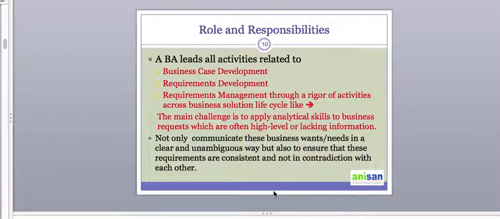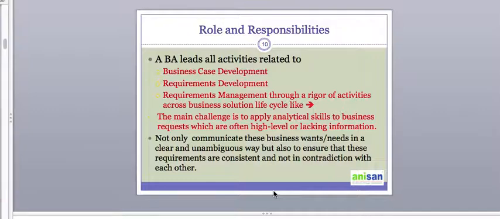The main challenge is to apply analytical skill to the business request, which is often high level and lacks information. So how do your analytical and interpersonal skills work here in order to understand the business request, which is at a high level, and how do you define it to the detail level, translating that business and stakeholder requirement into the solution requirement.